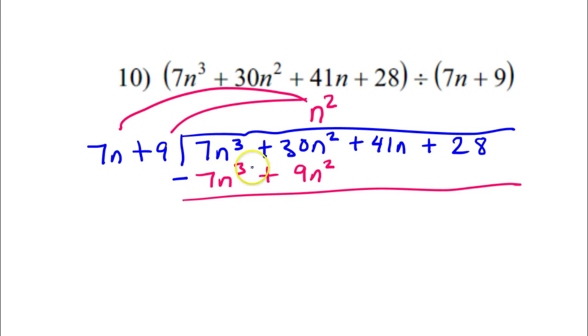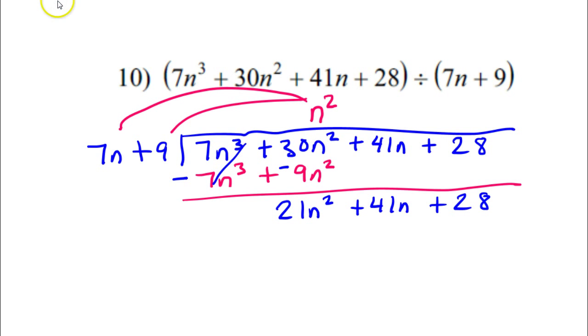So this will become minus 7n to the third, this will become minus 9n squared. Now these will cancel out. Here, 30 minus 9, that'll be 21. So I'm going to have 21n squared, and then I'll just bring down the rest of this. So plus 41n plus 28.